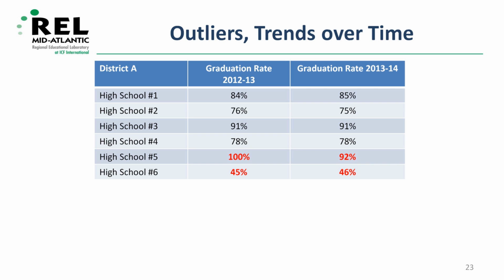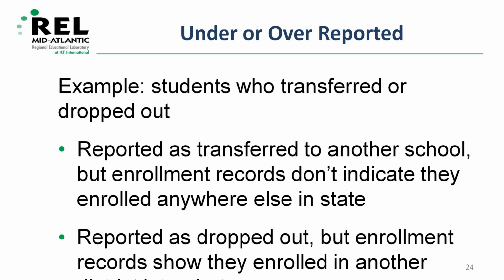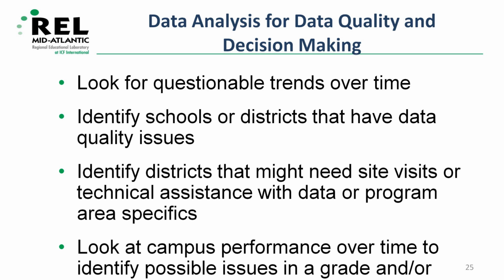The 100 might still be, because if it was 92 the year before, I don't know. These are the things where, is it a quality check? Is it a data quality issue? Is it a program? If it really is 100%, what the heck did they do? Go to that school and figure out what they're doing. And I already talked about the underreporting, overreporting.